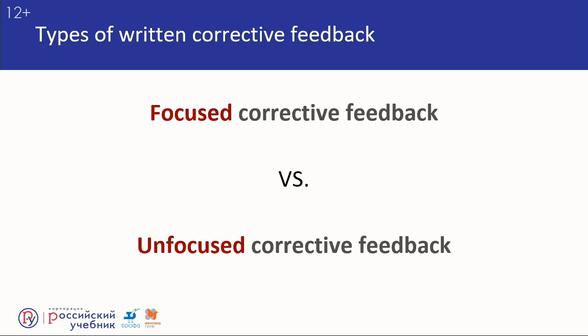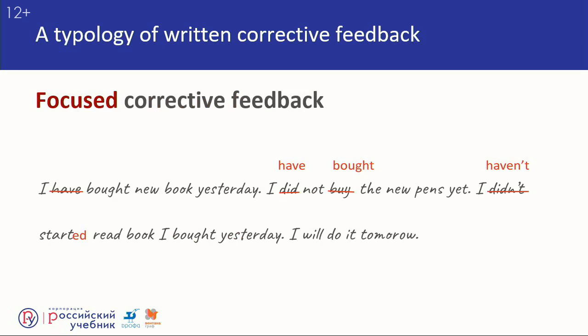All right, thank you. So, yeah, have a look at the example here. I have bought a new book yesterday. I did not buy the new pens yet. I didn't start read a book I bought yesterday. I will do it tomorrow. So obviously this is the text written by our learner.